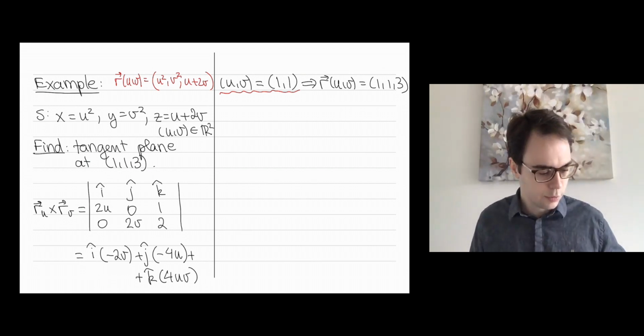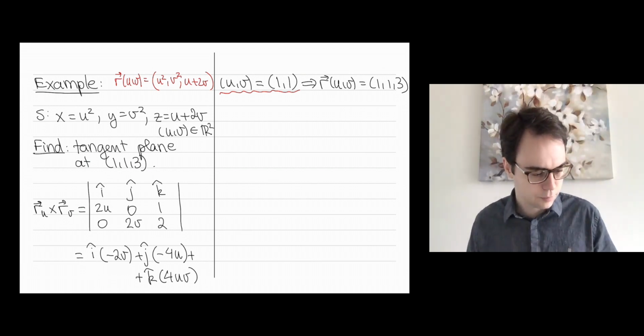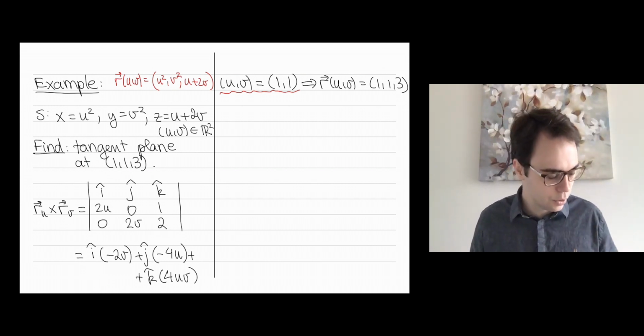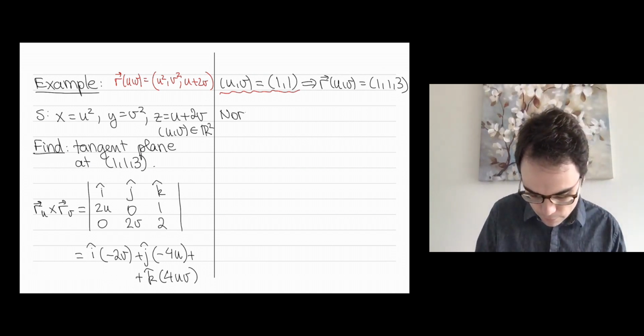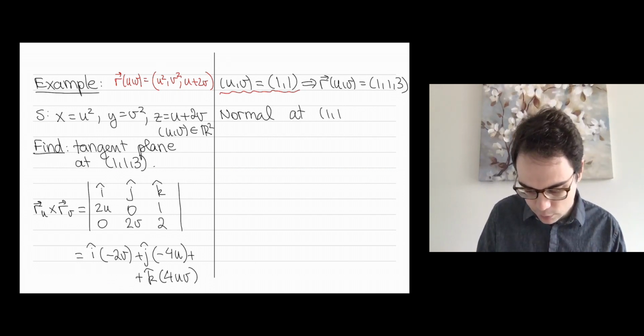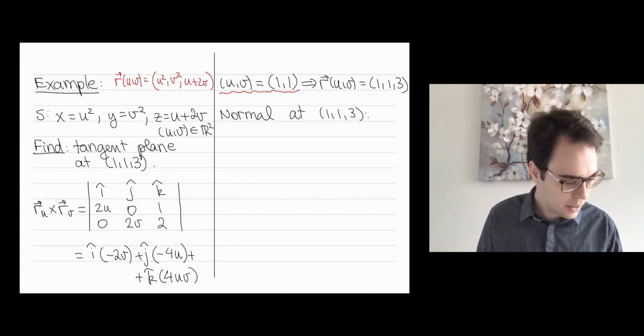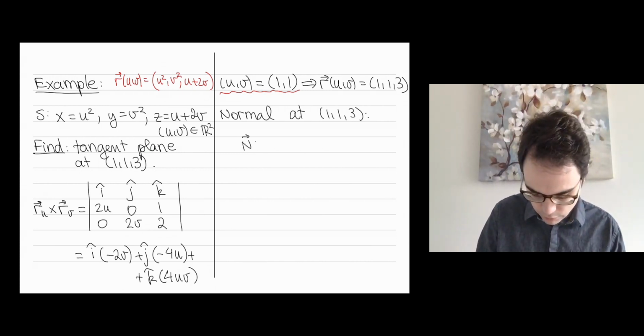So our conclusion is that the normal to the surface at 1, 1, 3 is this vector n.